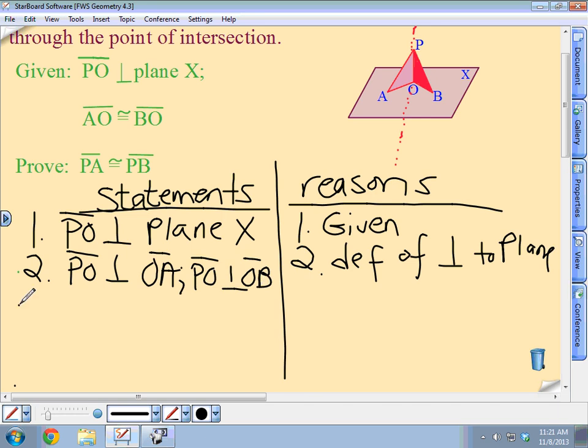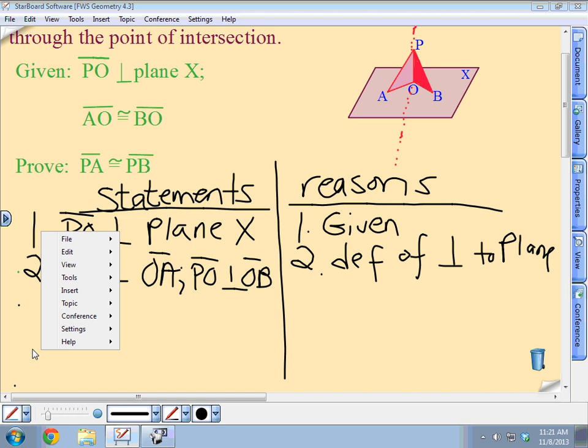PO would be perpendicular to OA and OB, right? Because AO and BO are both in the plane X, and they both cross through the point where the line PO intersects the plane.